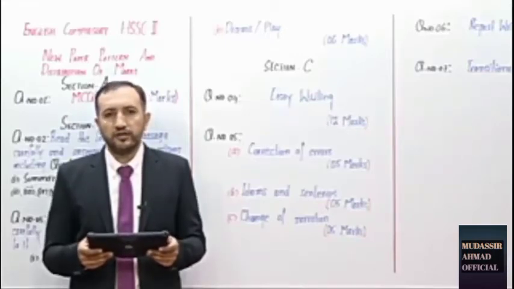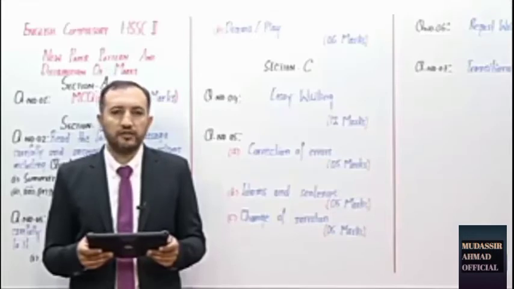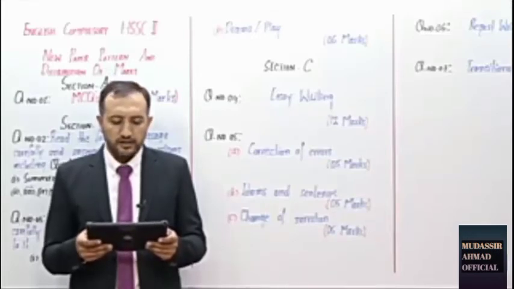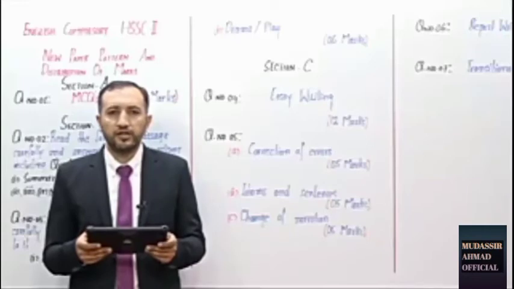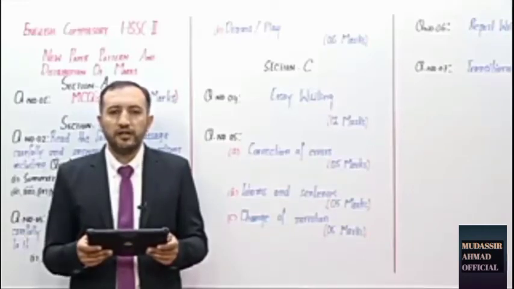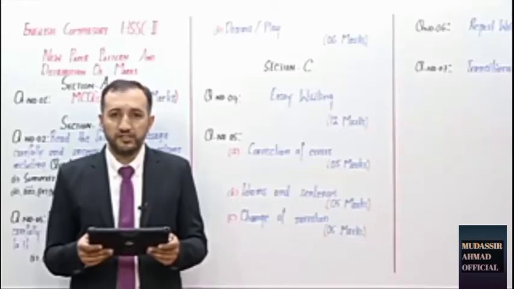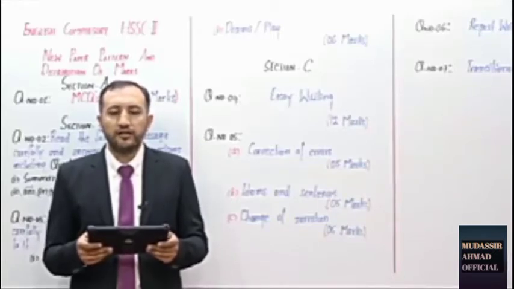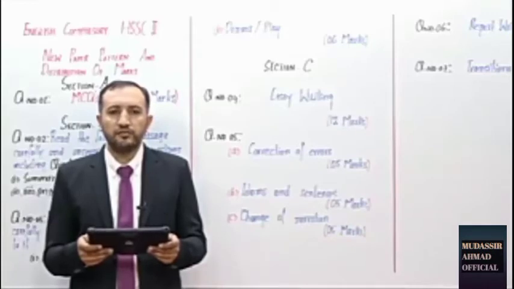Dear students, when it comes to question number 5, there are 3 parts, and the first part is about the correction of errors. A passage will be given, and there will be errors related to parts of speech, and in the question they will give you the names of the errors. For example, there will be an error of adjective, noun, usage of noun, or something related to verb.